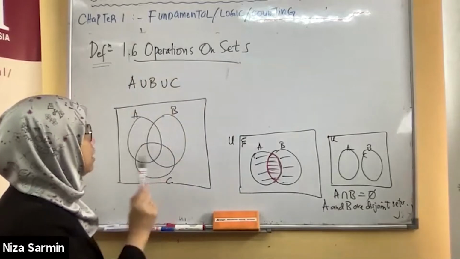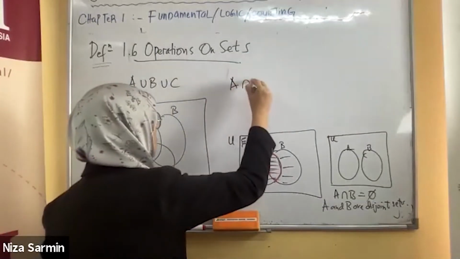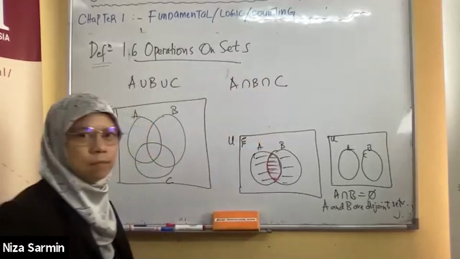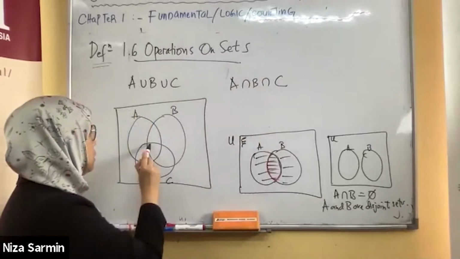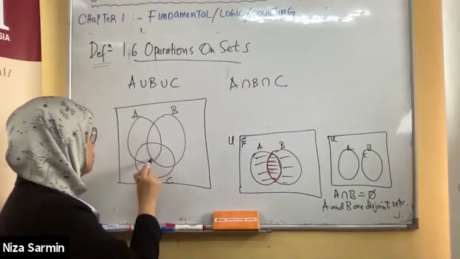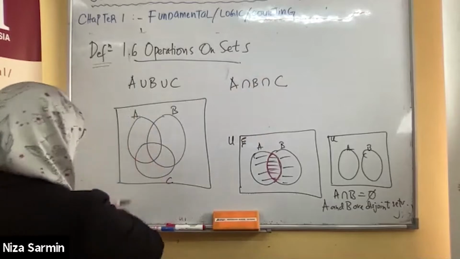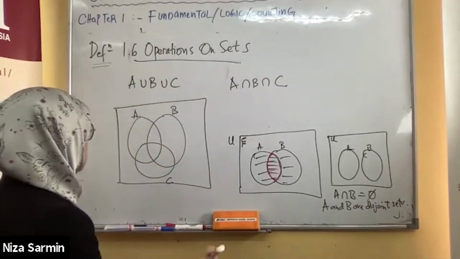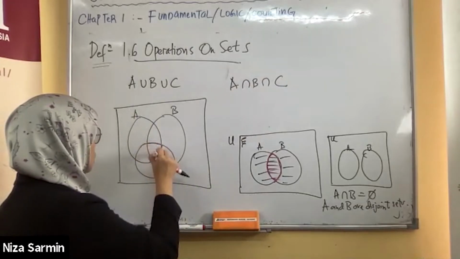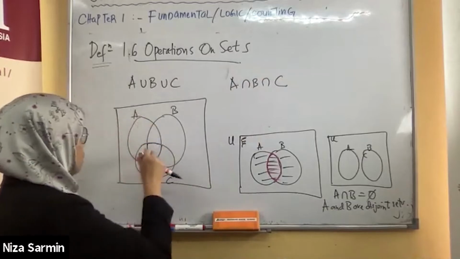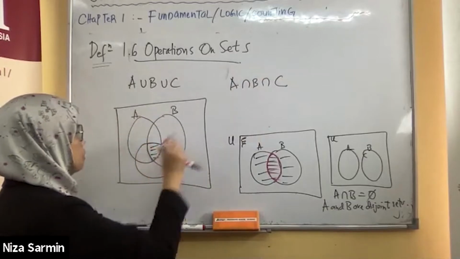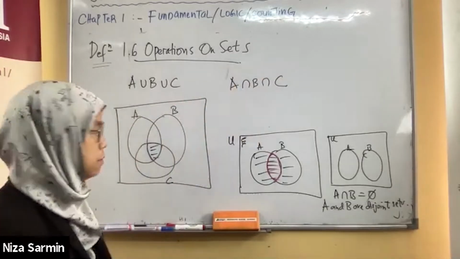If you want to put intersection, all intersection, it will be just this. A intersect B intersect C, because only this is in A, in B, in C, all right?